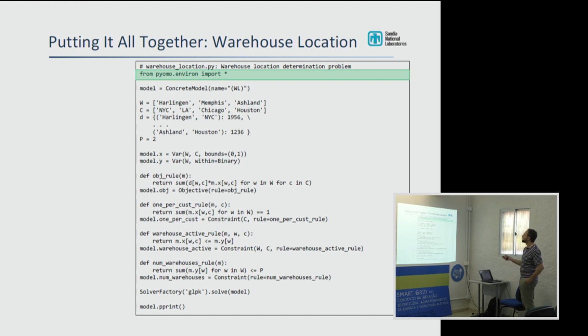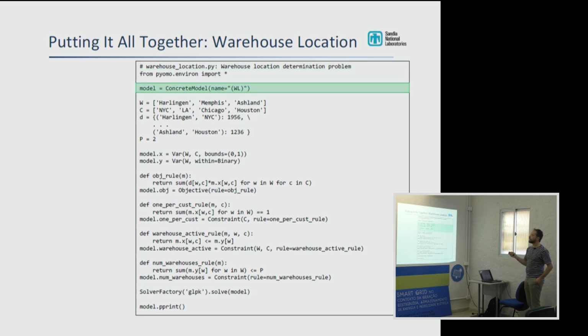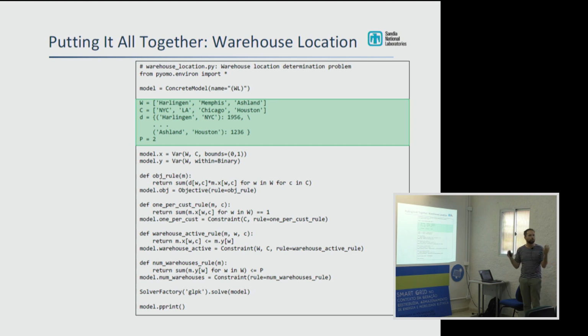So this is, as we saw before, the import of the functions of Pyomo. Here, this is the creation of an empty model, an empty problem. This is my data, just for the example. So I have the warehouse location here, the city and the consumer here.